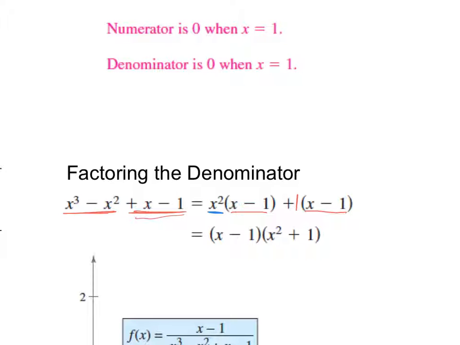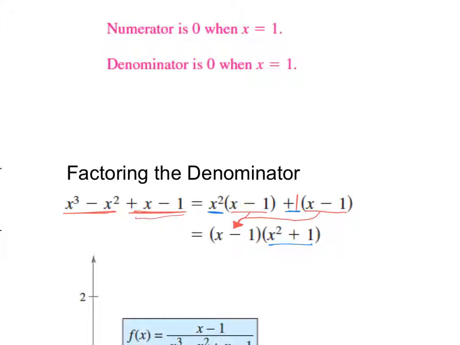And factoring by grouping here, we pull out the common factor of x minus 1. What's left then is the x squared and the plus 1. That goes in the other set of parentheses. Okay? So again, a quick review of our factoring by grouping.